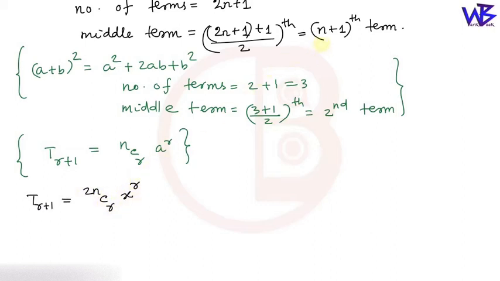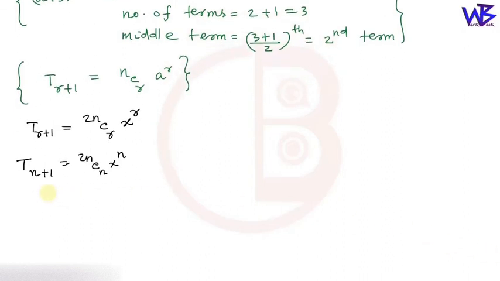But we need the (n + 1)th term, which can be found very easily by replacing r by n in the expression of T(r+1). So we'll get T(n+1) = 2nCn x^n. So this is the middle term of this expansion.